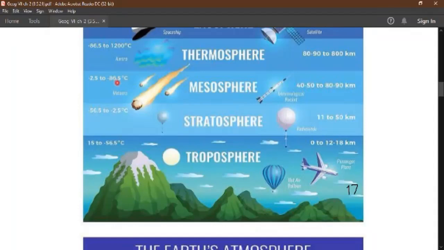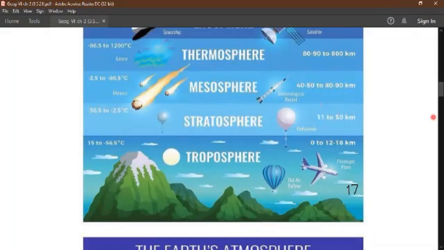Due to reflected sunlight from meteoric dust particles, there are wispy clouds found in this layer. As you can see, meteoric dust particles are present, forming those clouds.